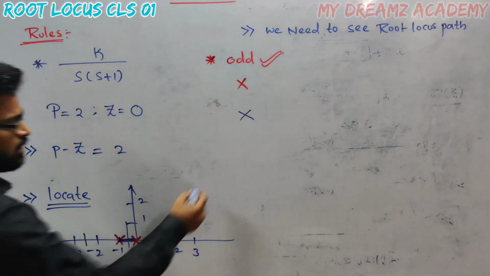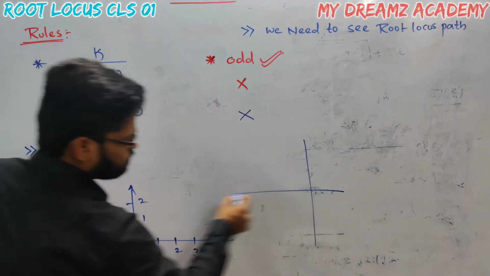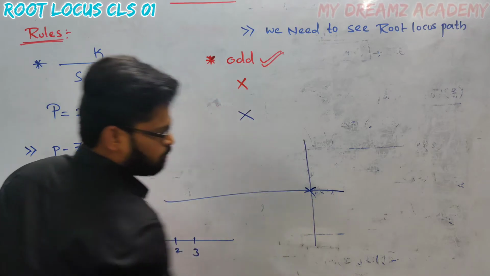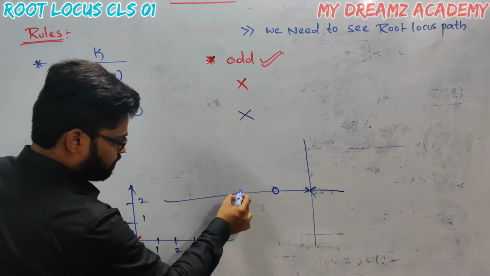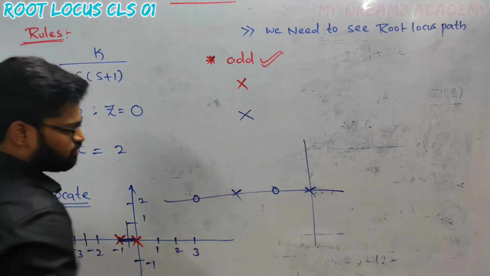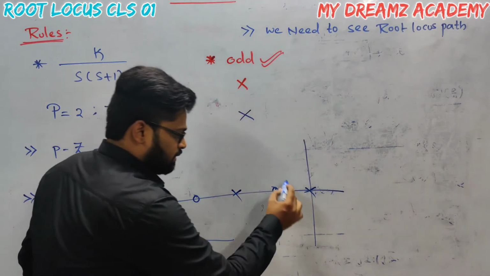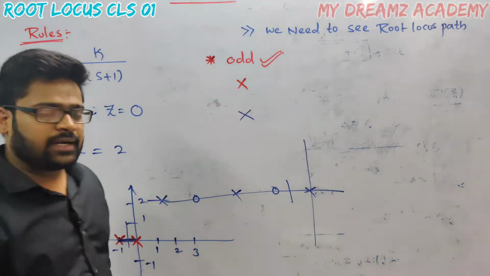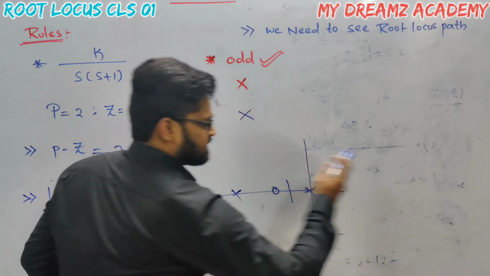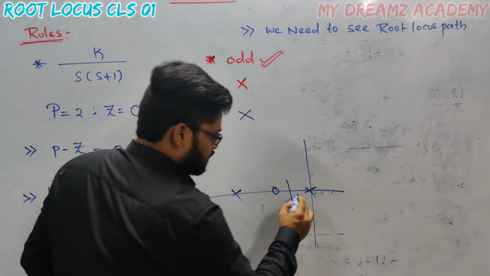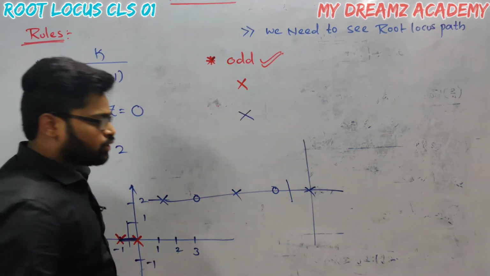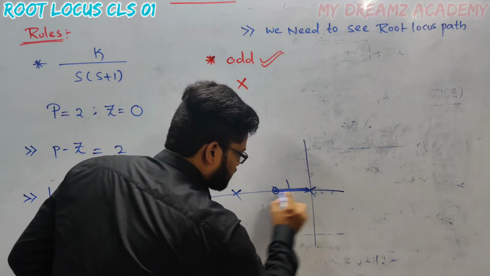Okay, consider one more example. There is one pole, one zero, one pole, one zero and another pole. See, if I consider one point at this place and look at the right side, there is only one pole, so definitely there is a root locus path between these two.